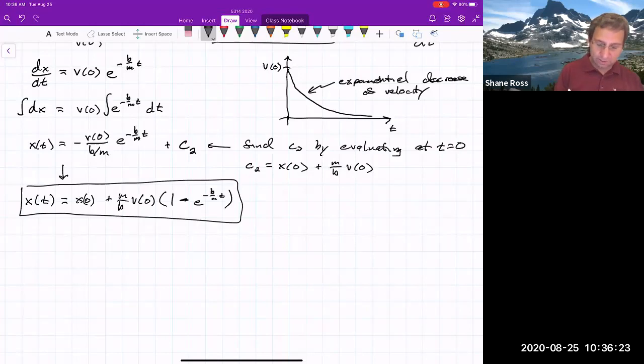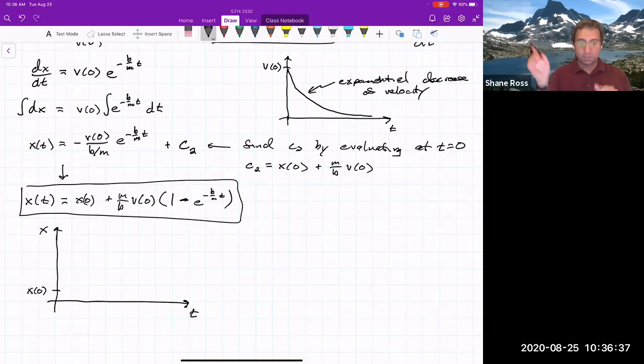So let's just plot, just like we've done before, the position x as a function of time. Here's our initial position, and this thing is shot out in a positive x direction. And it just asymptotes.